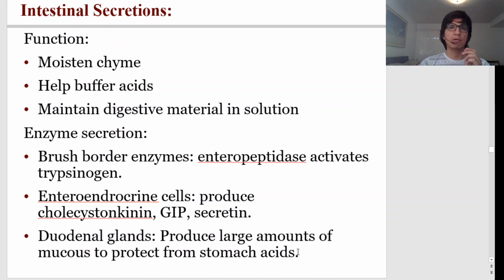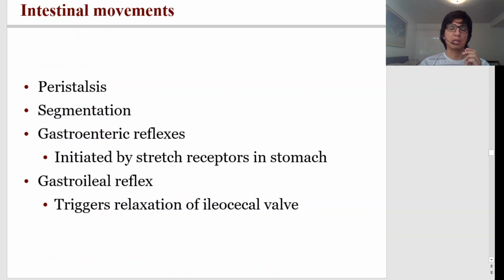The chyme just came from the highly acidic stomach, and this alkaline mucus has protected the duodenum. So here we have some of the intestinal movements, peristalsis, segmentation, and you have these other gastroenteric and gastroileal reflexes.